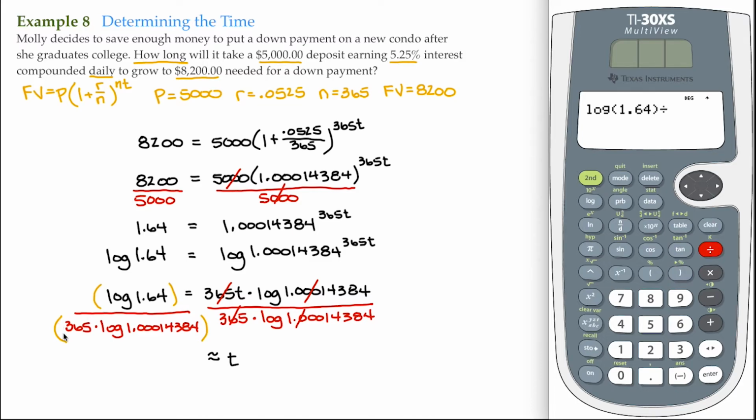Now I'm going to enter this parenthesis down here. 365 times the log of 1.00014384. Do you see it building there? I'm going to close off the log, and then I'm going to close off the denominator with this parenthesis here. And then hit enter.